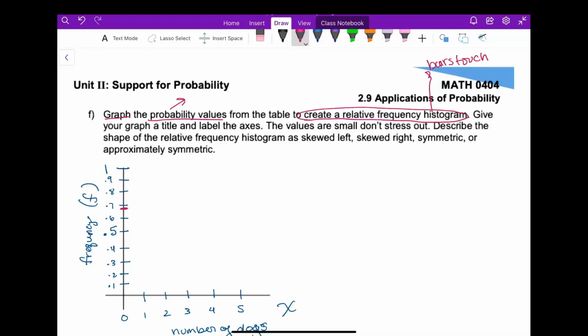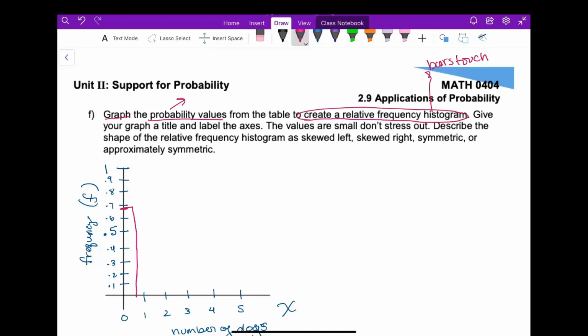And remember, I'm going to have these bars that are going to touch each other. I'm going to kind of straddle the halfway point. So you can't just make a tiny little skinny bar. You have to make kind of a thick bar, and then it has to go up to the 0.68, but not on the 1, because then that would be 1 doggy, right? So I'm going to go about halfway between each one, and my bars are going to touch.